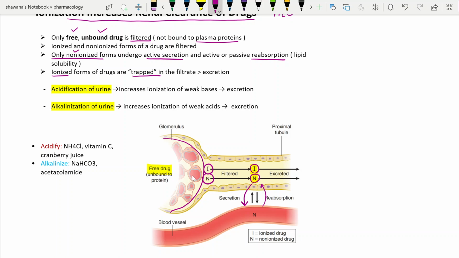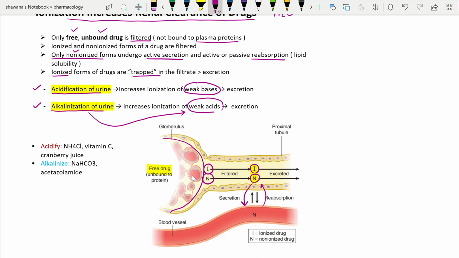The clinical situation here is acidification and alkalinization of the urine. What does acidification of the urine mean? If we make the urine more acidic, weak bases are more readily excreted, the opposite pH. If we make urine more alkaline, weak acids are more readily excreted, opposite pH. You know, weak acids are more excreted in alkaline urine.